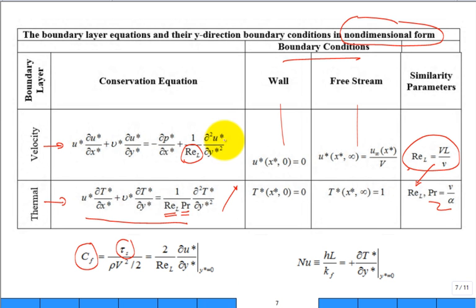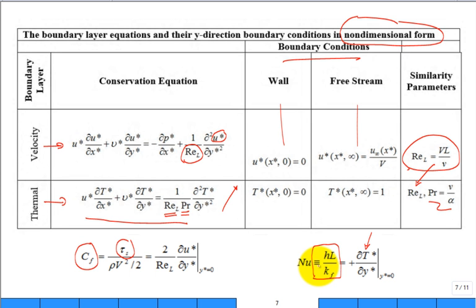So solve for u star, the dimensionless velocity, and then take the derivative at the wall, and now you have the local shear stress and the local skin friction coefficient. Same with the Nusselt number. Here's a general definition of the Nusselt number, but if I had that dimensionless temperature ratio difference, and take the derivative with respect to the distance y out through the boundary layer, that would give me the local Nusselt number.